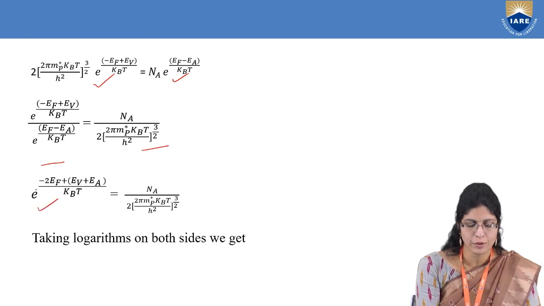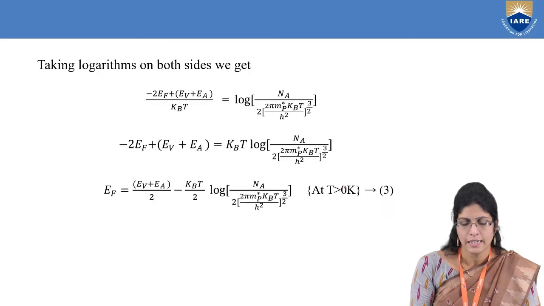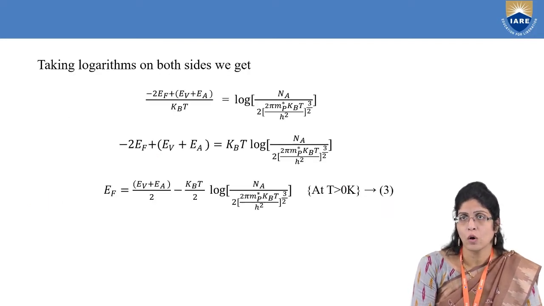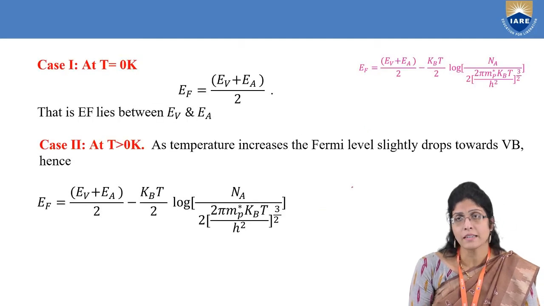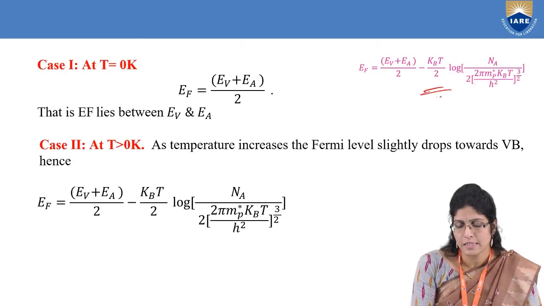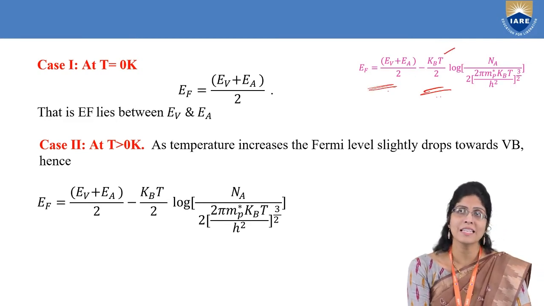To get rid of e, take the logarithm on both sides and solve. Take this kBT to the other side, and if you apply T equal to 0, you can clearly see that mathematically we have proven that EF lies between EV and EA.